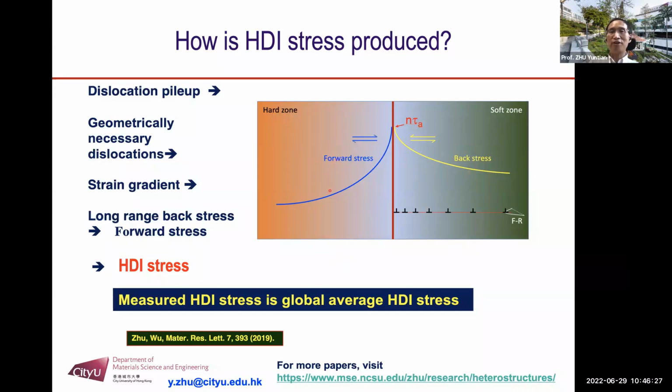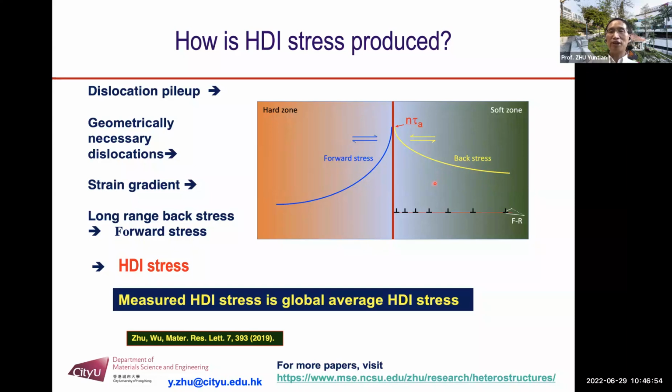When you measure it using mechanical testing, what you measure is their collective reaction. It's not the back stress. You cannot measure back stress using mechanical testing because they are a couple. This is why the back stress concept used in the literature is mostly wrong.